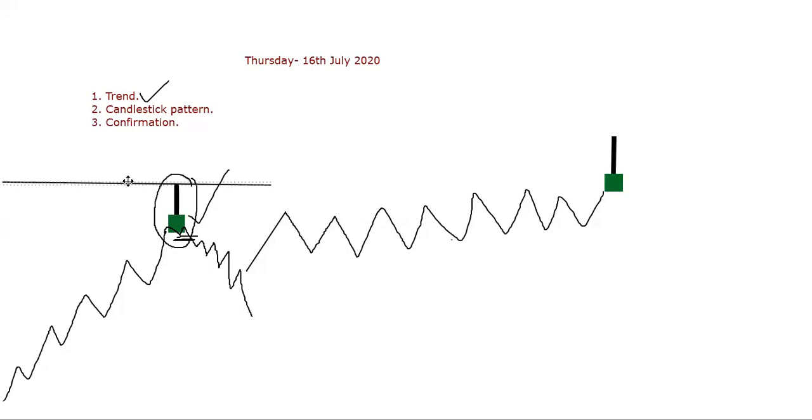On a higher time frame, when you were drawing support and resistance, you had already drawn a resistance level, and then you see this kind of candlestick pattern. So you already knew that whenever price reaches this resistance area, it will take resistance, and the chances are high that the price will go down after reaching this resistance level, right?